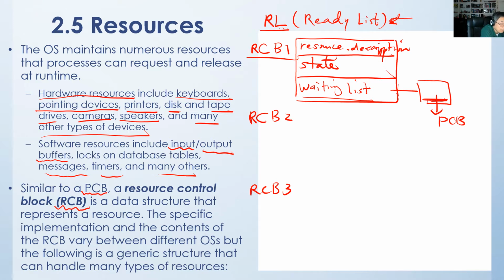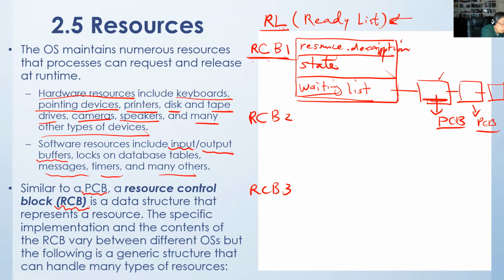Okay, so now the RCB1 may contain some other processes, right? All the processes that are waiting for the resource 1 will be placed on the waiting list of the RCB1.